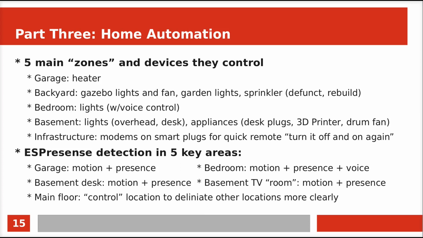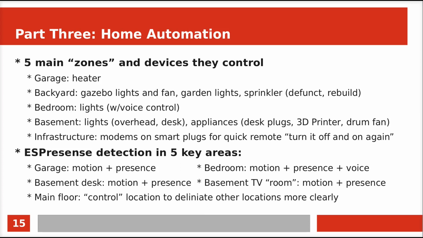I have a backyard zone where I'm controlling my gazebo lights, fan, and probably eventually a fountain, as well as solar powered garden lights that I control via Home Assistant. I had also previously built a sprinkler control system that's currently defunct, but I plan to rebuild it this year when summer comes in order to water my gigantic garden automatically.